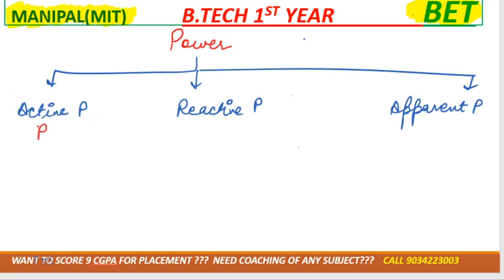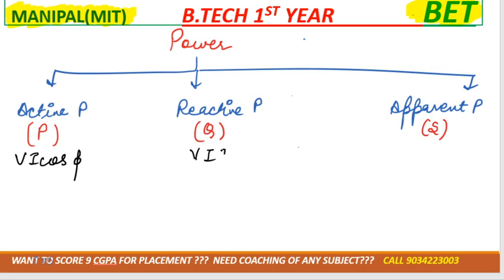Here active power is denoted by P, reactive power is denoted by Q, and apparent power is denoted by S. Active power standard formula is VI cos phi, reactive power standard formula is VI sin phi, apparent power standard formula is VI.